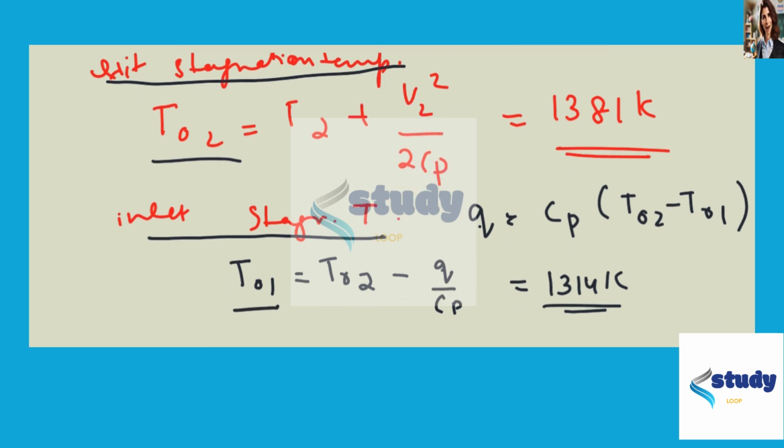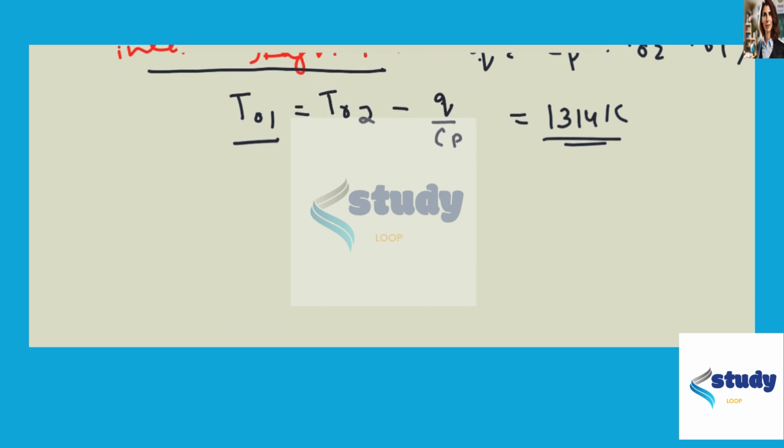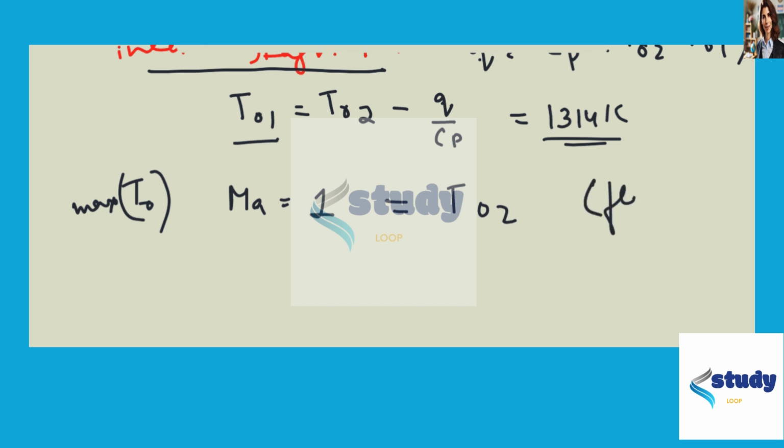Got it? Okay. Now, the maximum value of stagnation temperature occurs when the Mach number is equal to 1. And its value in this case is T02, since the flow is choked. Therefore, T0 maximum equals 1381 Kelvin.